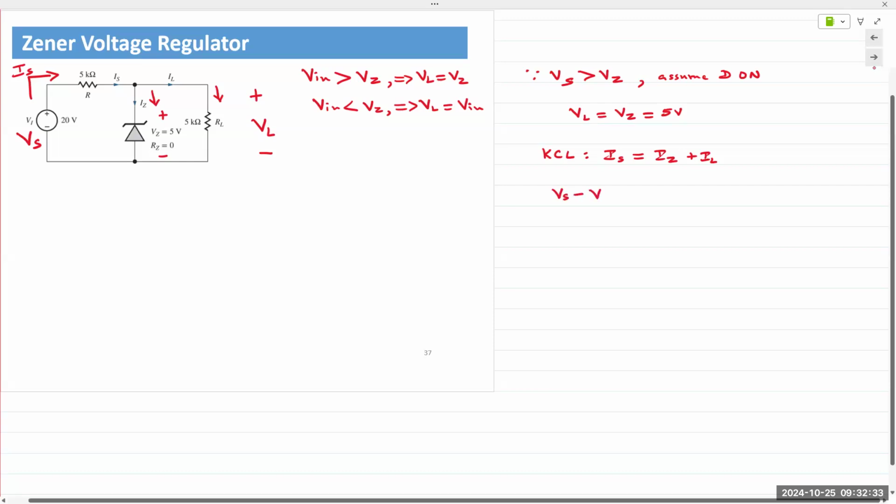Is can be expressed as Vs minus Vz over R. Iz plus IL, which is VL over RL. Rearrange the terms and plug in the values to find Iz. Iz is equal to 20 minus 5 over 5,000 minus 5 over 5,000.